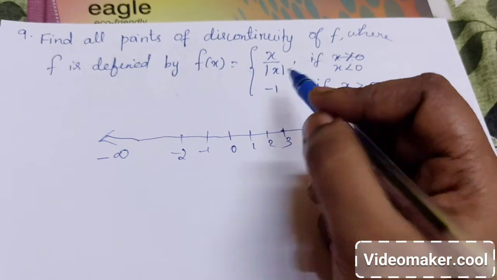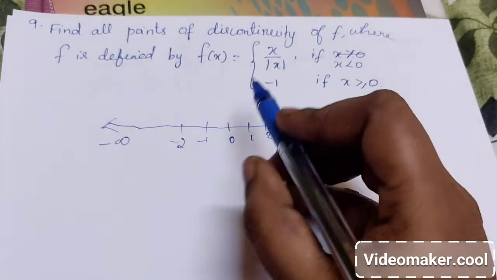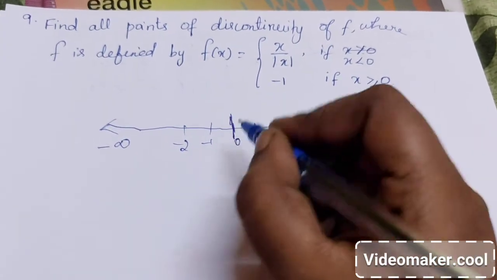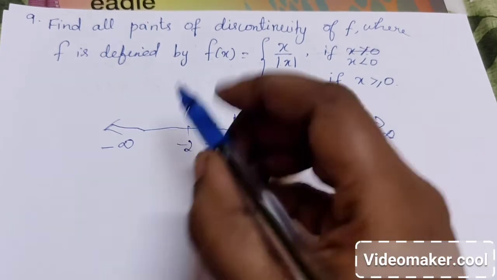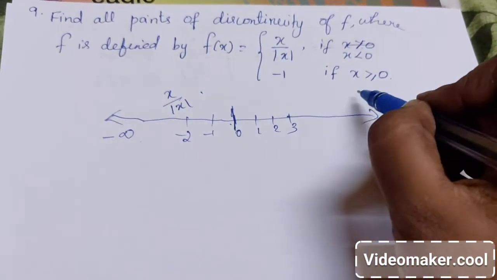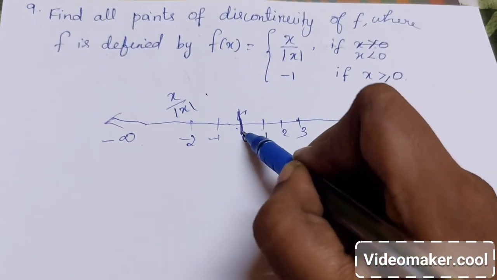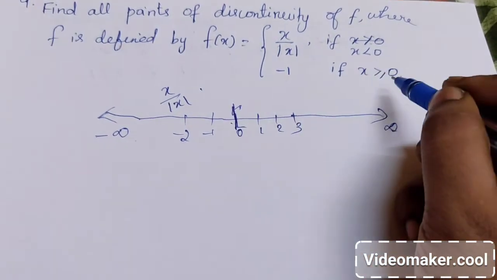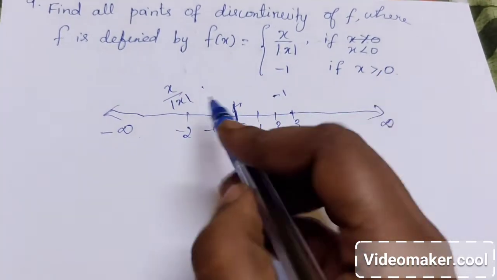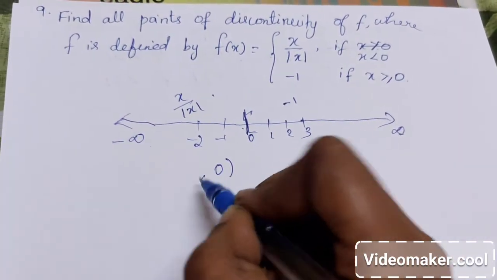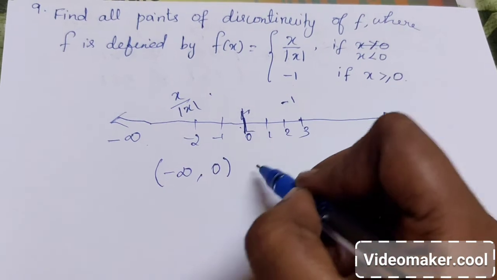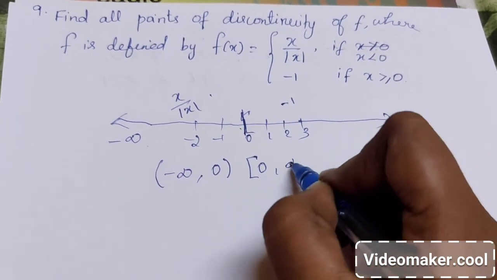Now if x is less than 0, the function is x divided by mod x, and when x is equal to 0 and more than that, the function will be -1. When x is less than 0 we have 0 to minus infinity, and the other part can be written as 0 up to infinity.